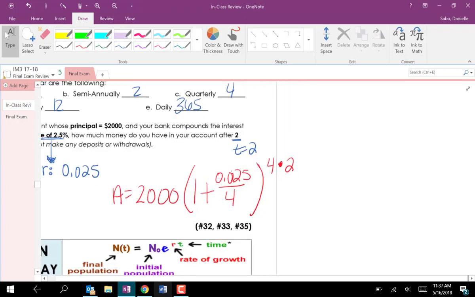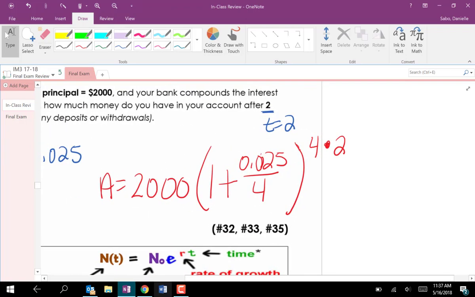Now, there are so many ways that this can go wrong in your calculator depending on what you have. I would put this in parentheses and this. If I were you, this is how my brain works. Why try to mess things up? Order of operations. Sometimes I just get all the pieces first. What is that? Then what is this? And then I put it all together.